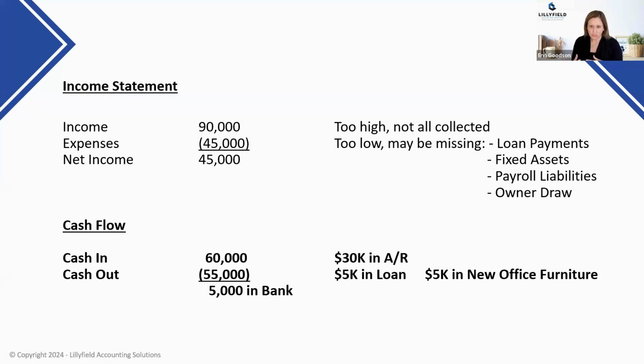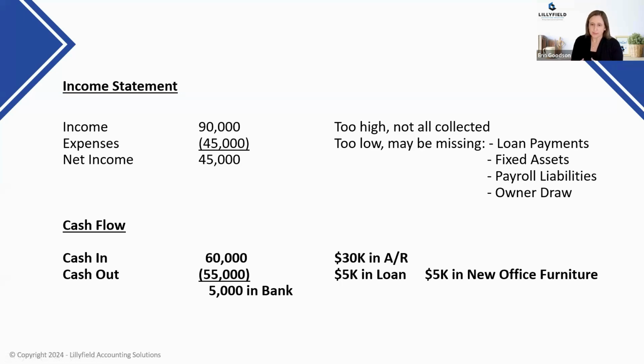Those are really balance sheet transactions. So I paid down my debt, but that payment is not included in that $45,000. We purchased some new office furniture, and because of our capitalization thresholds, we're going to capitalize that purchase and put it on the balance sheet. So again, it's not going to be included in that $45,000 number.